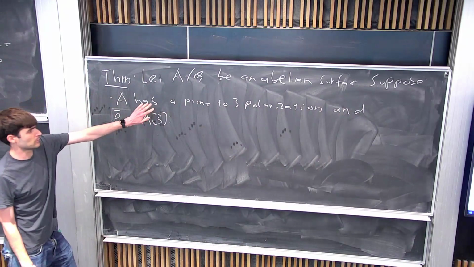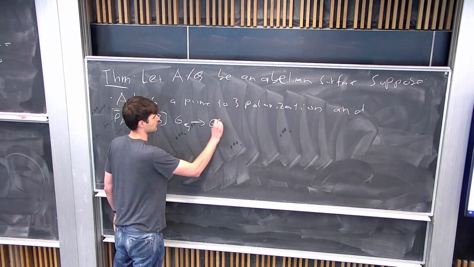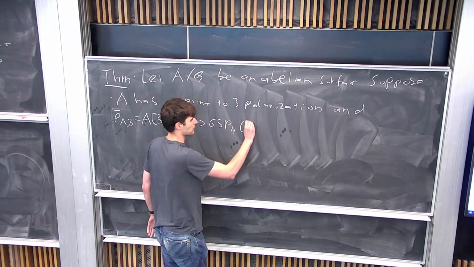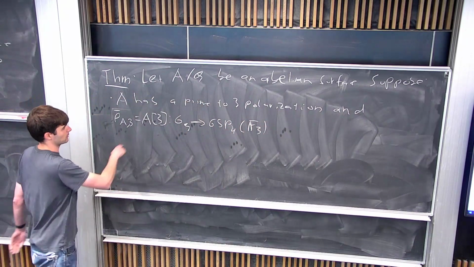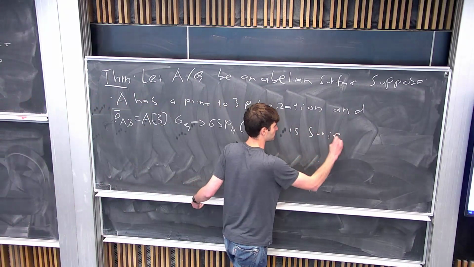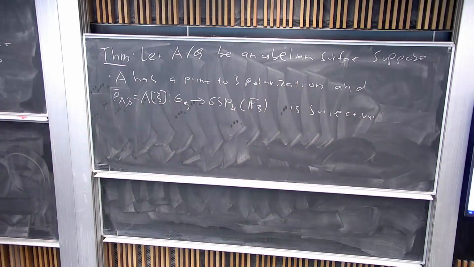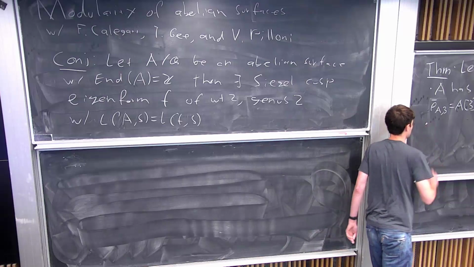Since I've assumed there's a prime to 3 polarization, this can be viewed as a Galois representation valued in GSp4(F3). And I'm going to assume that this is surjective. Not totally necessary, but in some sense, it doesn't weaken the theorem significantly. So let's just state it like this.